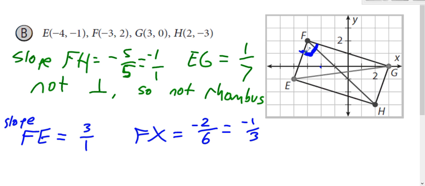So if it has a right angle and it's a parallelogram, I guess we didn't check that right off the bat. We just found the slopes of those two. So if we found the slope of this one, which is down 2 over 1, 2, 3, 4, 5, 6. That one's also down 2 over 6. So those are parallel.